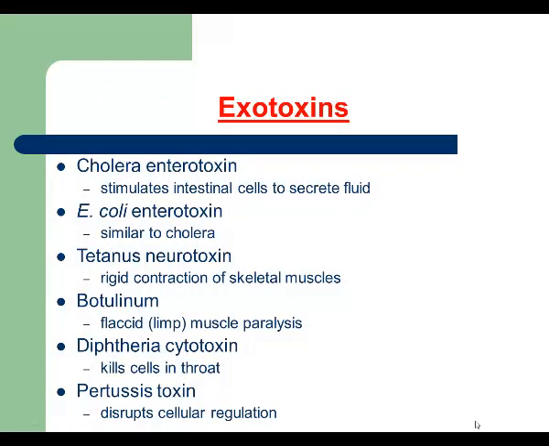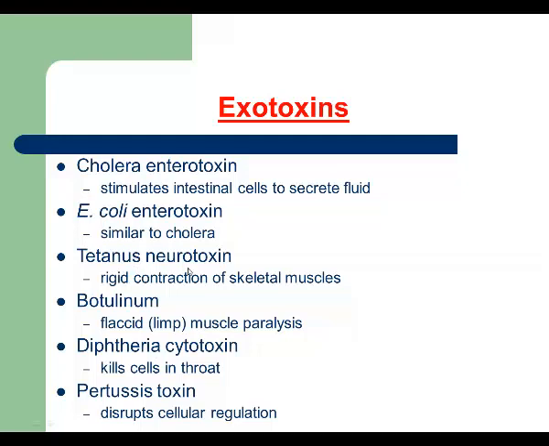On this slide, you see a few examples of exotoxins that can be produced by different pathogens. For example, cholera enterotoxin. It stimulates intestinal epithelial cells to secrete a lot of fluids. That explains why those patients will develop severe diarrhea. E. coli enterotoxin is very similar to cholera enterotoxin, but not as aggressive.